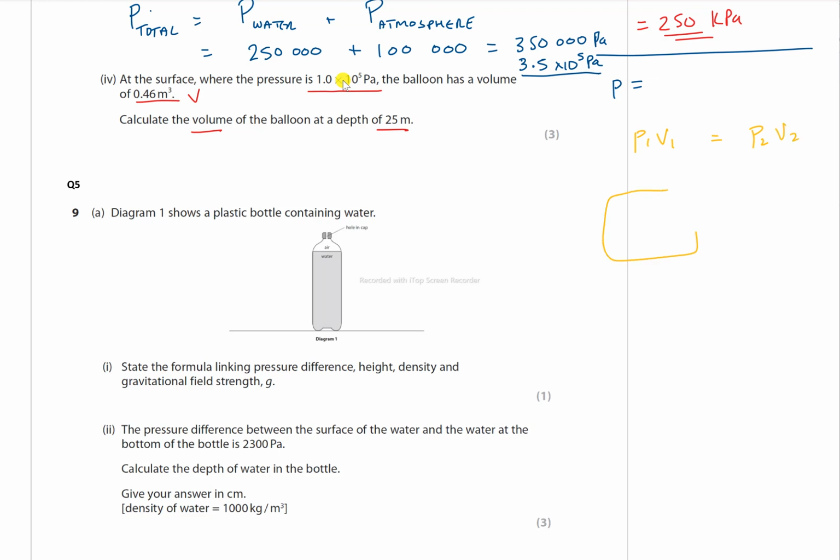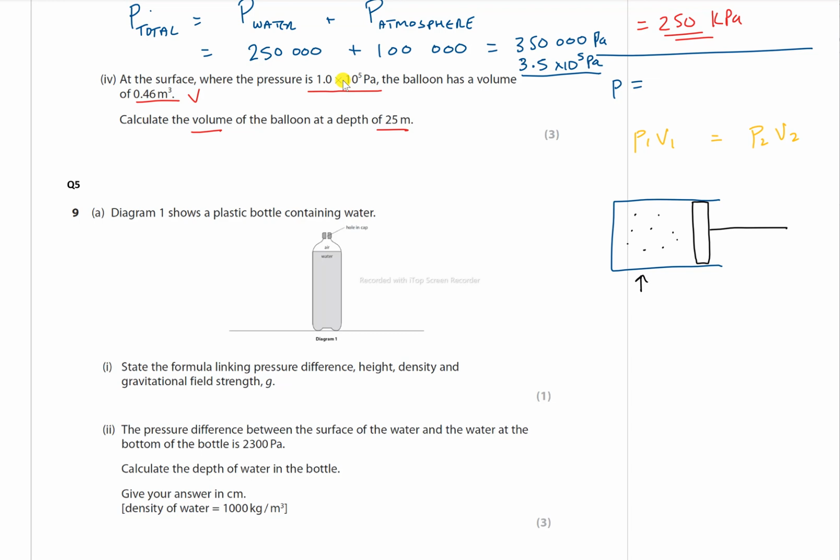What they're saying is, let me try to draw it properly. I've got a cylinder, and there's a piston there. So I've got this here now.